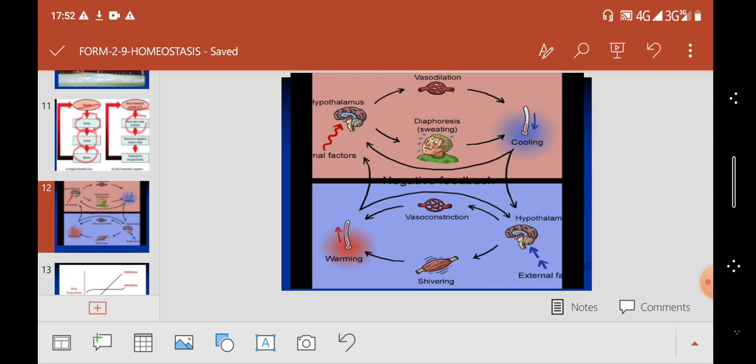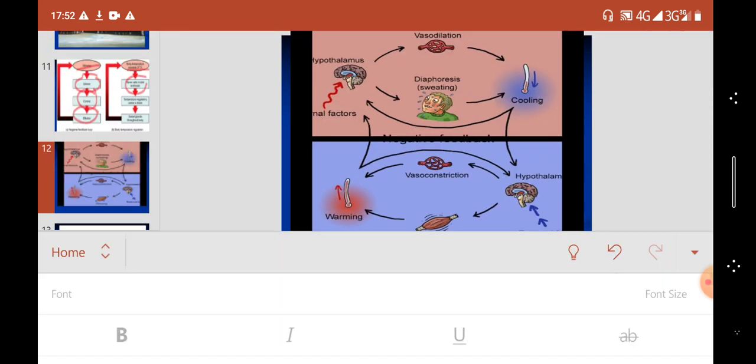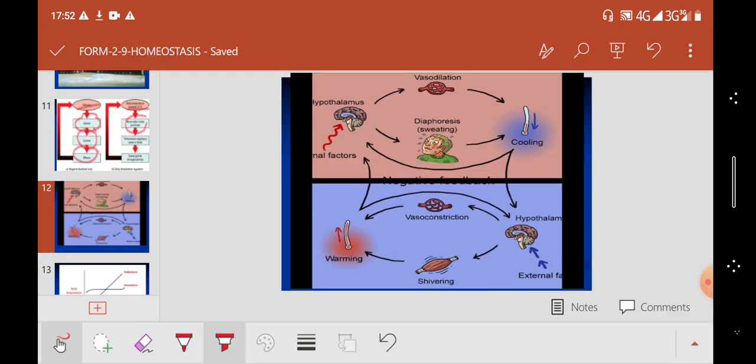And we have other cases that are physiological, like this one mentioned here. For example, we have vasoconstriction, we have sweating, we have shivering. Those are the most common three.